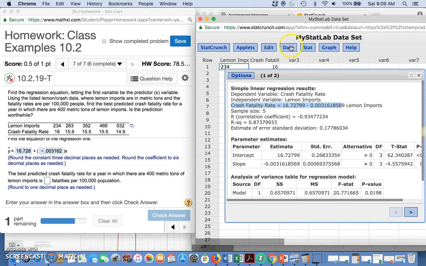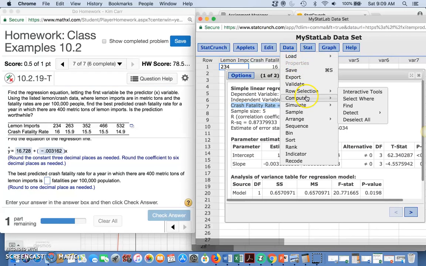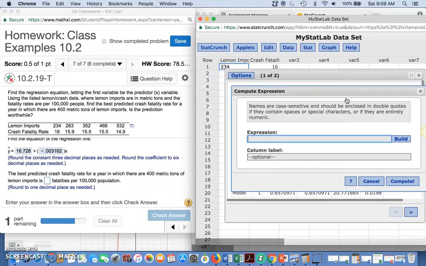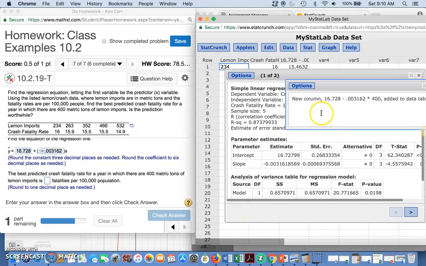So we want to go to data, and we want to compute an expression, and we can put in the 16.728, and actually we're subtracting now, minus 0.003162 times our input of 400 metric tons, and we compute.